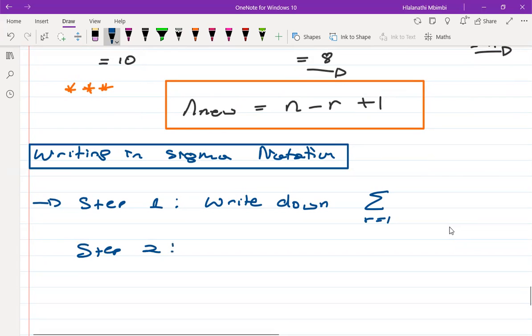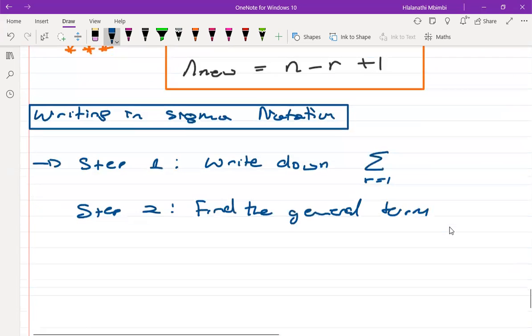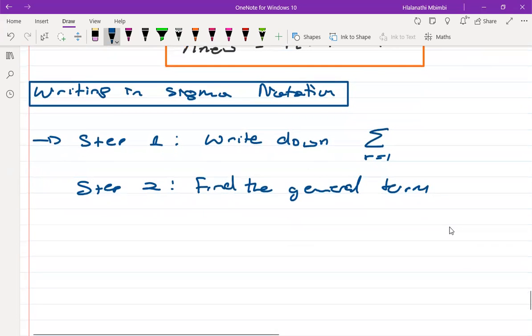Step 2, find the general term. Note that your general term must be in terms of r. You can't come with a general term that's 2n plus 1 while you're saying r is equal to 1.